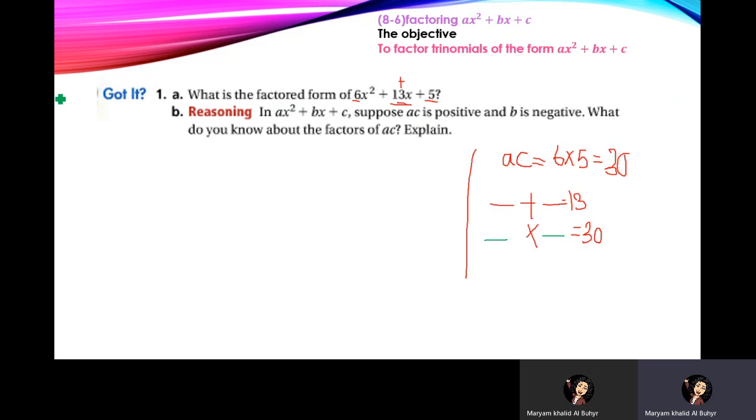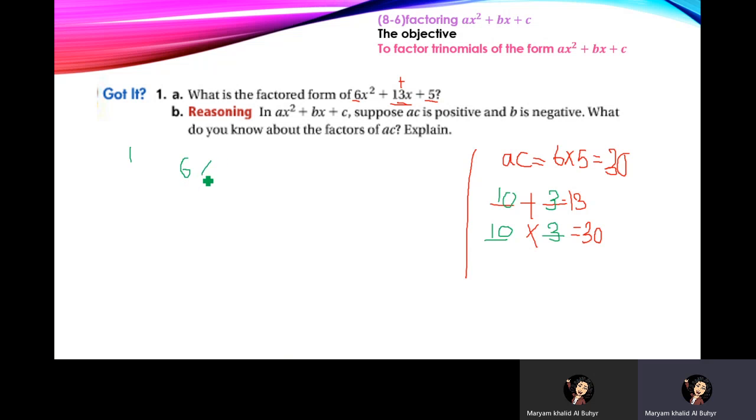This is so easy to think about, because you can say 10 times 3. If you multiply them, you will get 30, while if you add them, you will get 13. Well done. That's what I need.